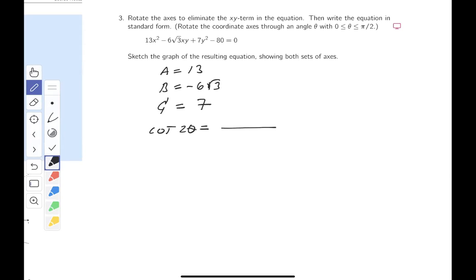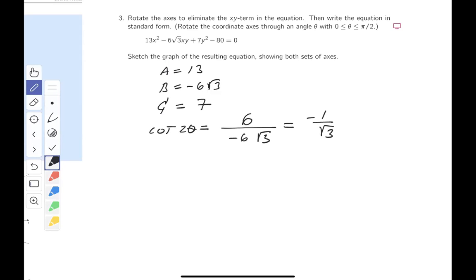It's going to be A minus C, that's 13 minus 7, that's going to be 6, over B, which is minus 6 root 3. What does this give me? Minus 1 over root 3.